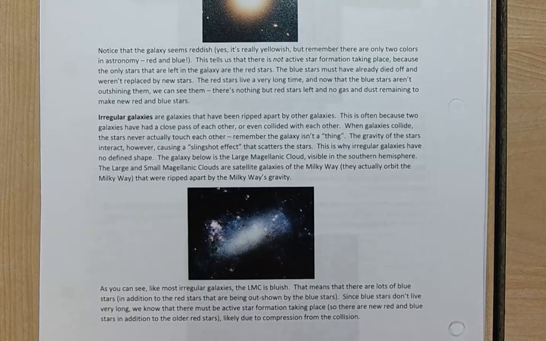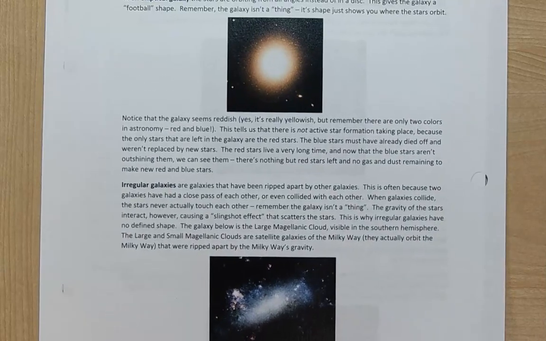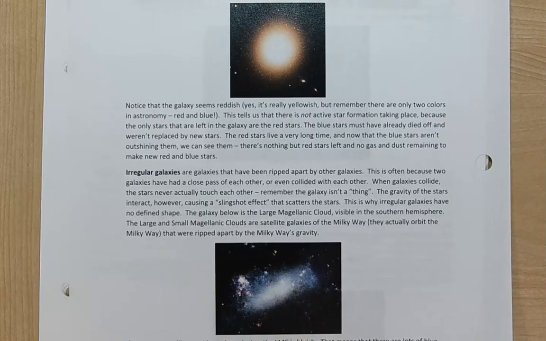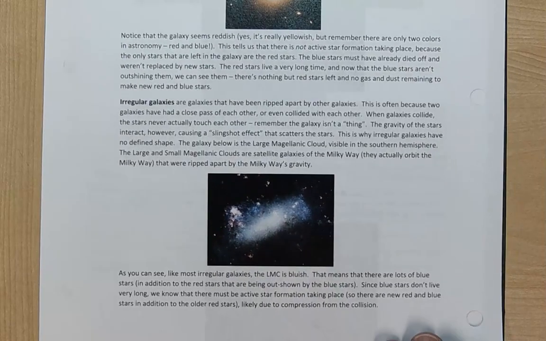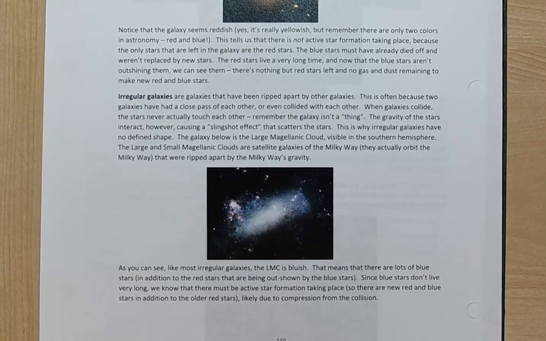Irregular galaxies are called that because they don't have a nice regular geometry to them. Spiral galaxies and elliptical galaxies, at least, are mostly symmetrical. If there's any galaxy that is sort of lumpy, random-looking, asymmetrical, then we generally categorize them as irregular.